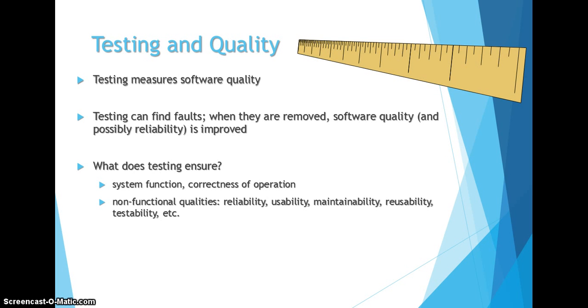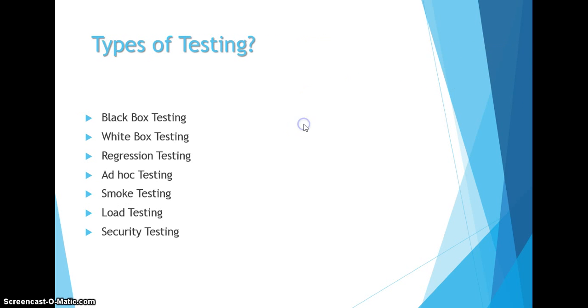And just to recap, what does testing ensure? It ensures that the system functions correctly and the functional flows and the entire functionality of the system is as defined by the client requirements. Apart from this, you also test for usability, that is ease of use by end customer, and other factors like performance.